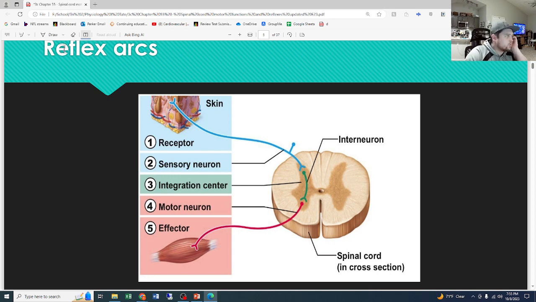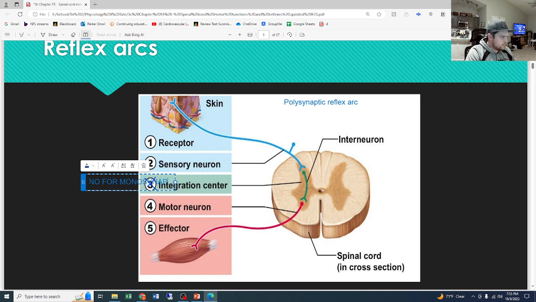So this is a polysynaptic reflex loop, or reflex arc. With a monosynaptic reflex arc, this is going to be gone. We're not going to have that interneuron in between these two.